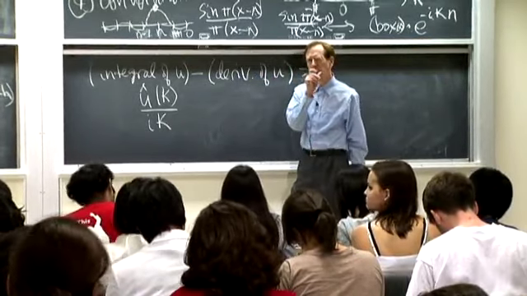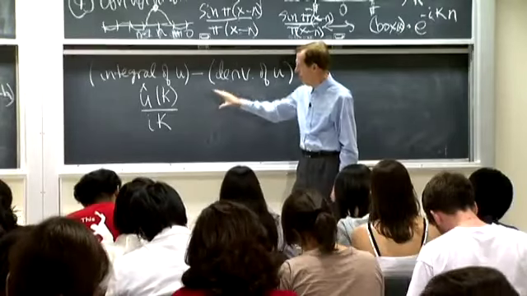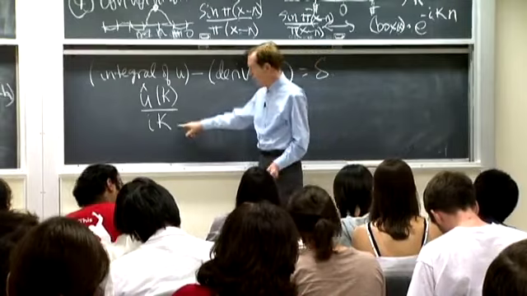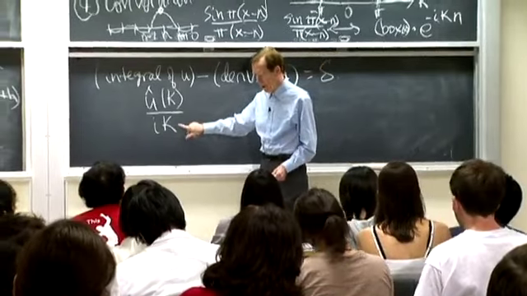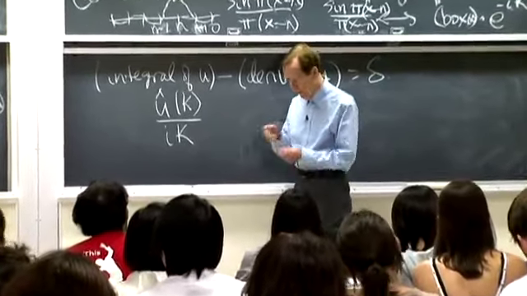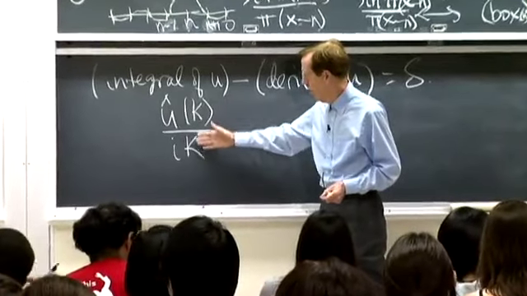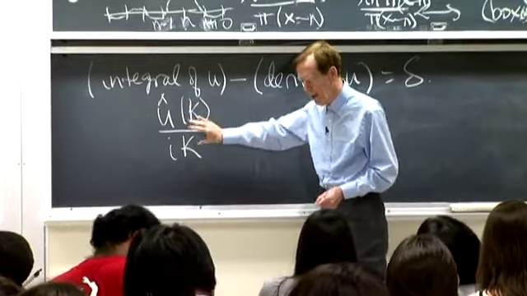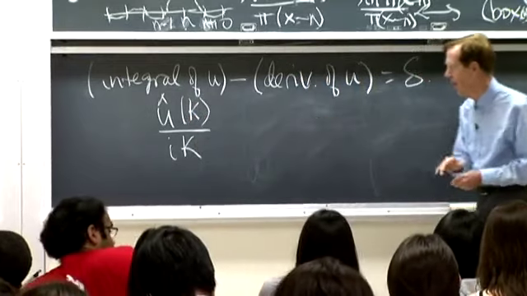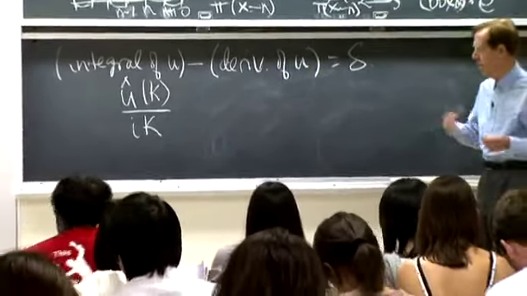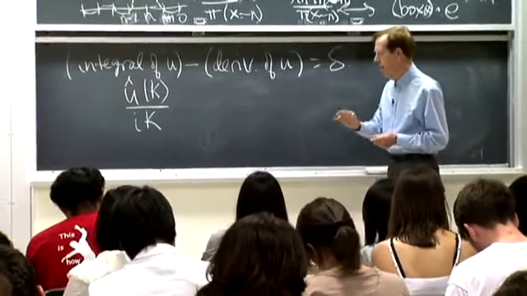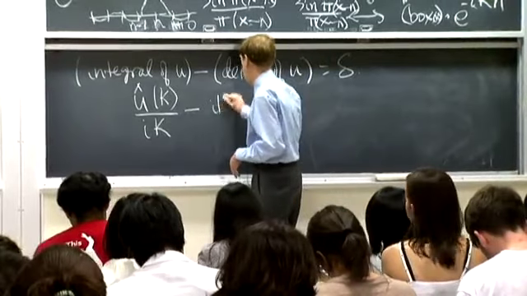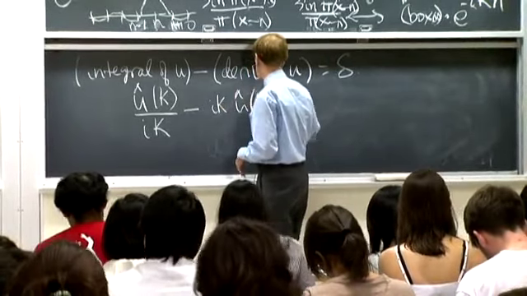And the one point that's a little tricky there is always, are you dividing by 0? Because 0 is one of the frequencies, and so I sort of need u hat of 0 to be 0 for this. So it's looking slightly dangerous at k equals 0, but otherwise it's certainly improving things by speeding up the decay rate. And then this would be minus ik u hat of k, as we just said.